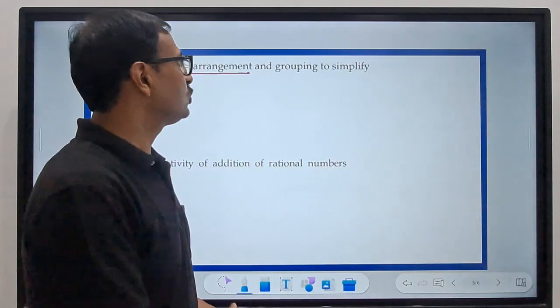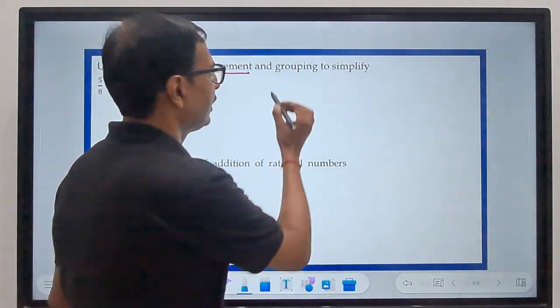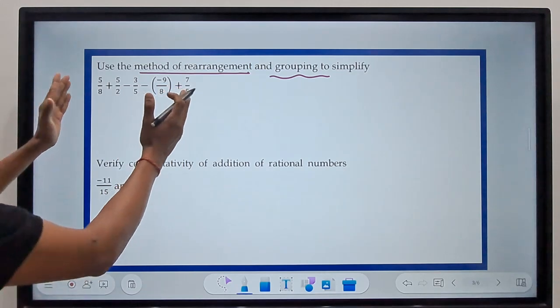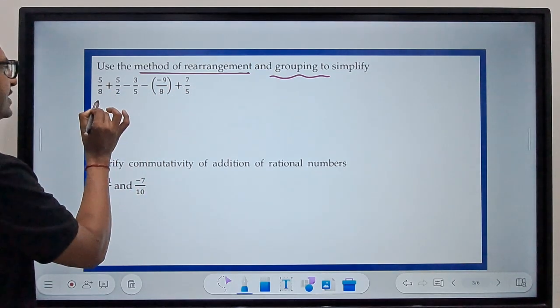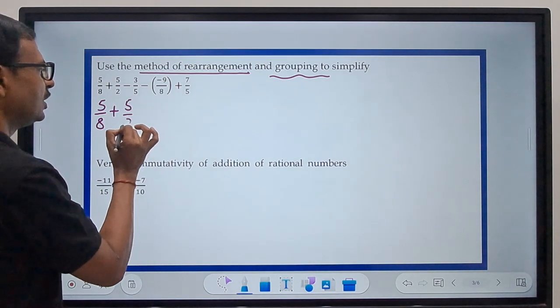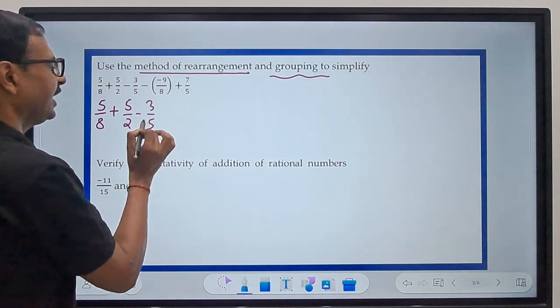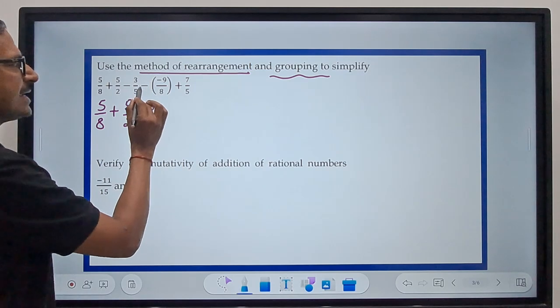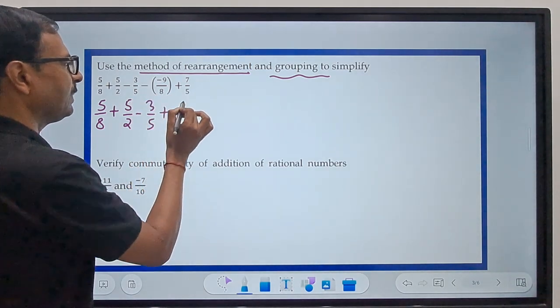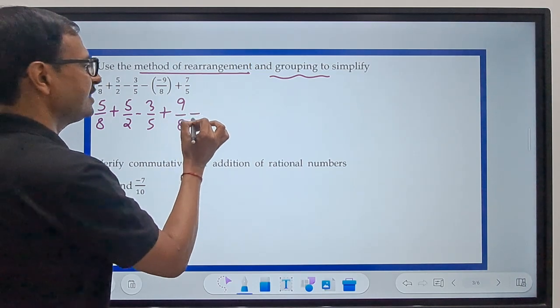But if you use the method of rearrangement or grouping, we can simplify such large expressions quite easily. You can see here, this is 5/8 plus 5/2 minus 3/5, and we have a bracket here because there are two signs, negative and negative, coming together. So minus and minus forms a plus, so 9/8 and 7/5.